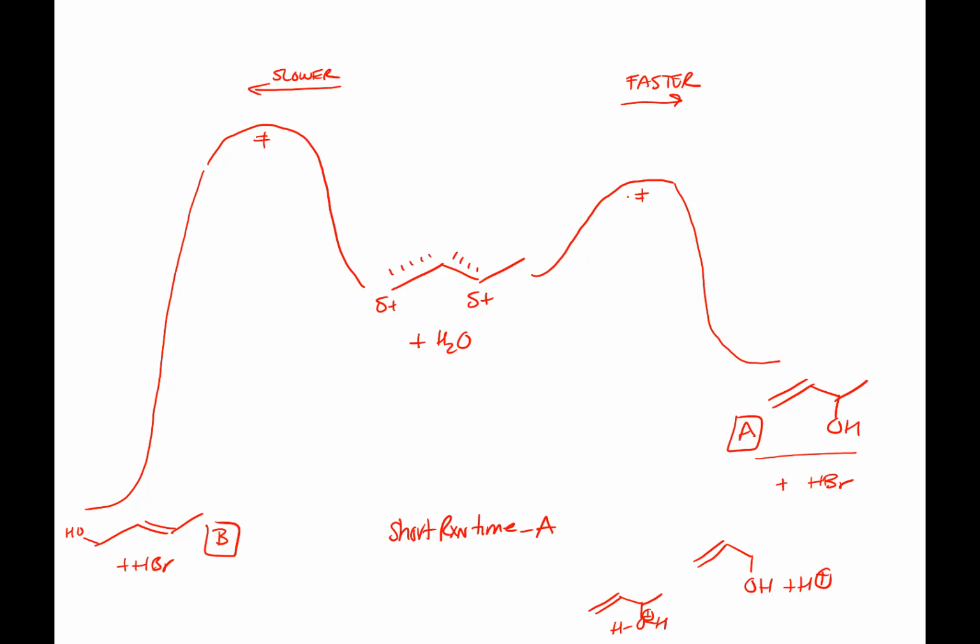So my first set of activation energies that I'm concerned about is this one. We'll call this EA1, activation energy 1. And the same thing's true for product B. Product B is reversible back to the beginning.